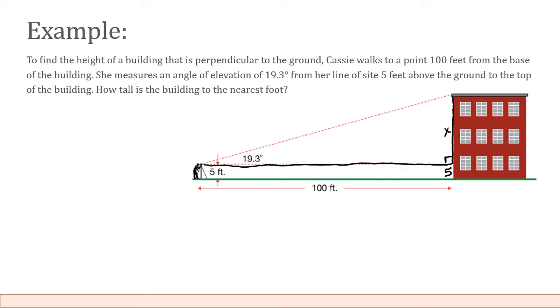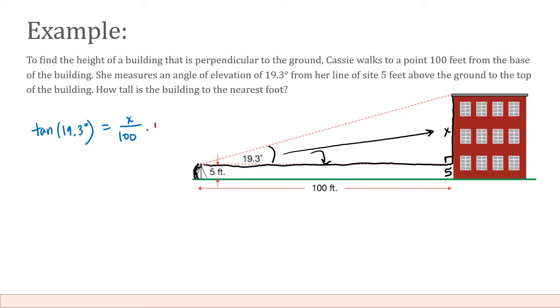We know we're trying to find X, and we know that across from side X is an angle 19.3 degrees. So we want to find the side opposite, and we know the side adjacent. So we're going to use the tangent ratio to say that the tangent of 19.3 degrees is equal to X over 100.